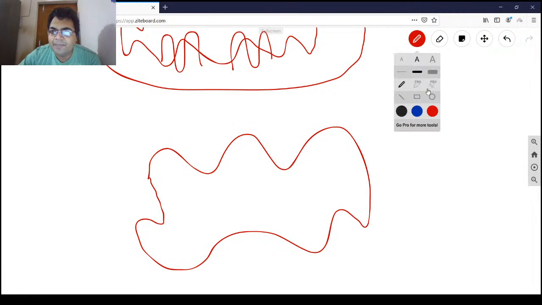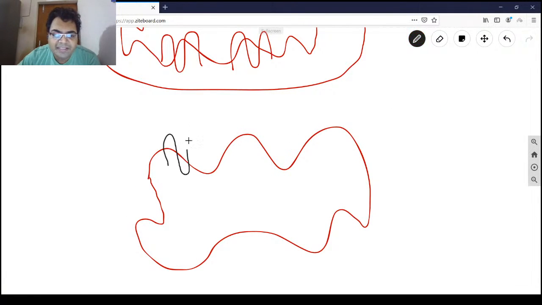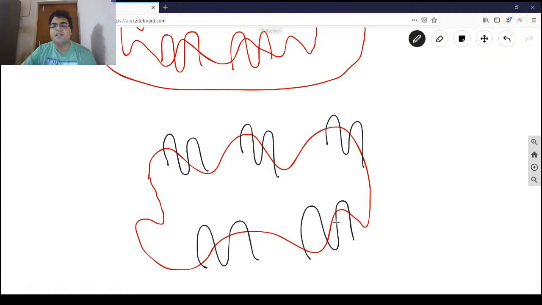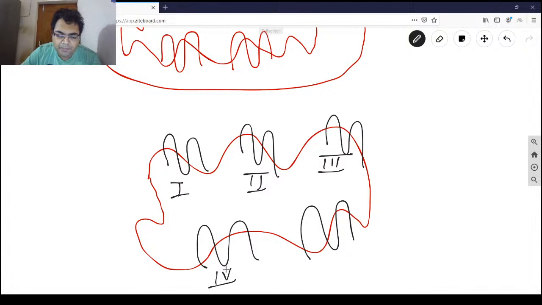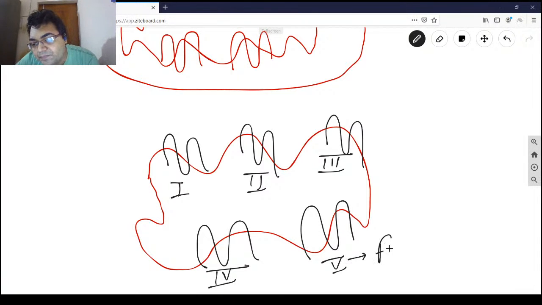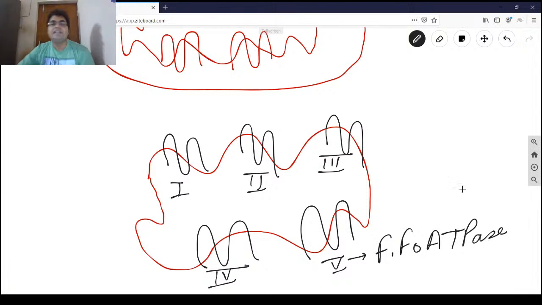This is the inner mitochondrial membrane and these are the transmembrane proteins present on it. This is known as complex 1, this is complex 2, this is complex 3, this is complex 4, and this is complex 5. This complex 5 is also known as F1 F0 ATPase.